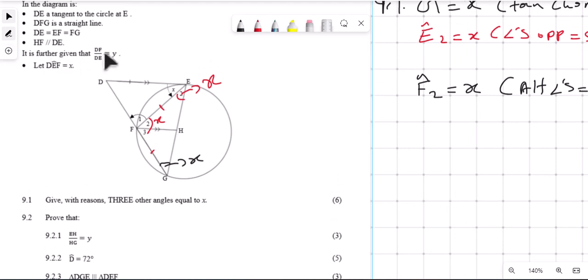It is further given that DF over DE is equal to y. So prove that EH over HG is equal to what? Yes, is equal to y.